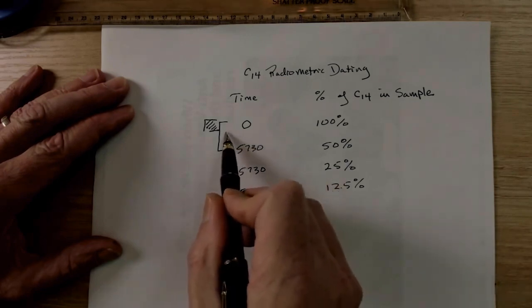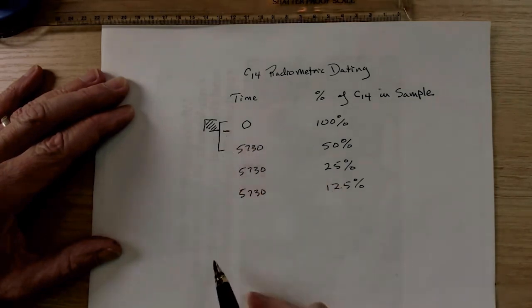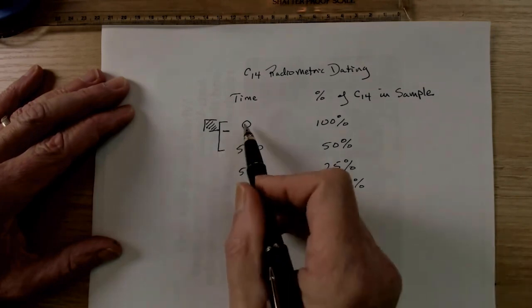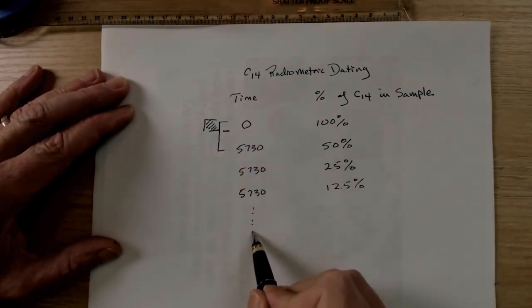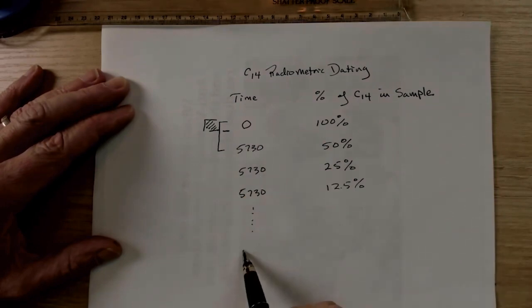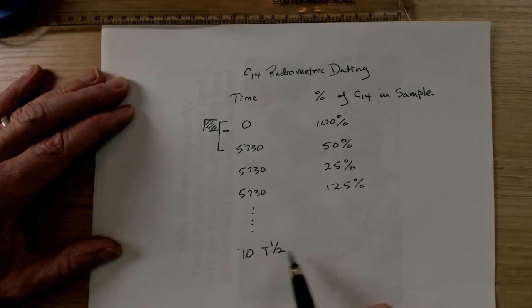So the earliest that we could date something would start about right there, which will be sometime after 0. Now we can also go out here to about 10 half-lives. And after that, we have so little left, it's essentially 0%, and we can't really adequately measure it.